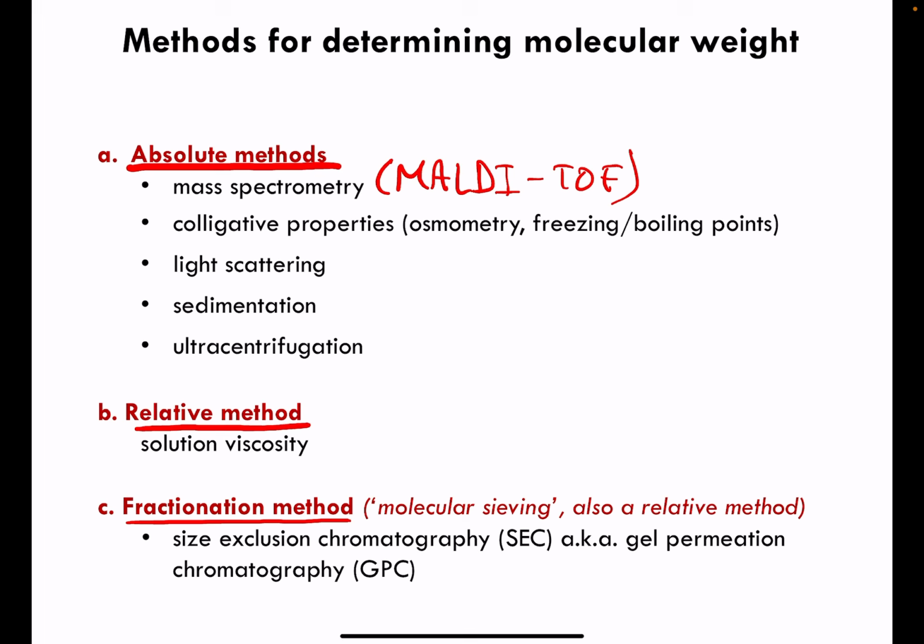There are other properties that allow for absolute molecular weight determination, including osmometry, freeze point, boiling point studies for appropriately molecular weight sized samples. Like scattering techniques, highly dependent on morphology and center of mass of a molecule, can be used here to determine absolutely the molecular weight.